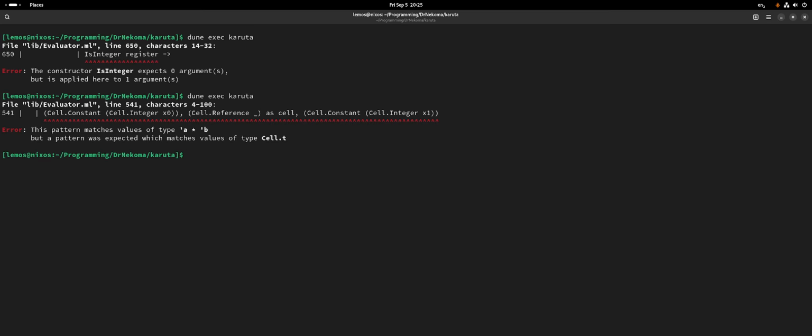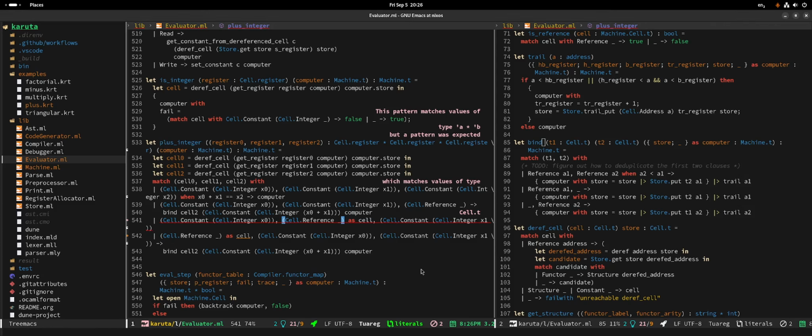This pattern matches values of type A, B, but a pattern was expected which matches values of type cell.t. What is it talking about? It's saying something about tuples of only 2 members. Do you follow what's happening there? Not really, no.